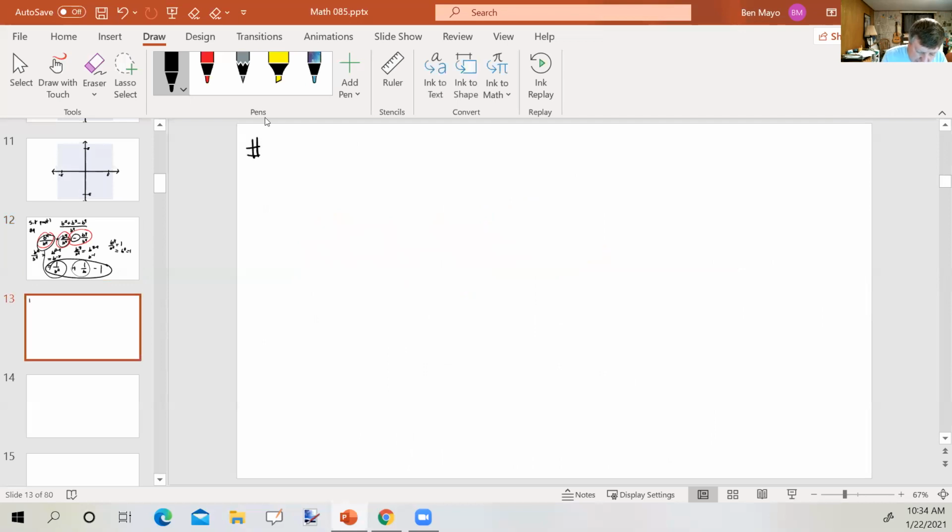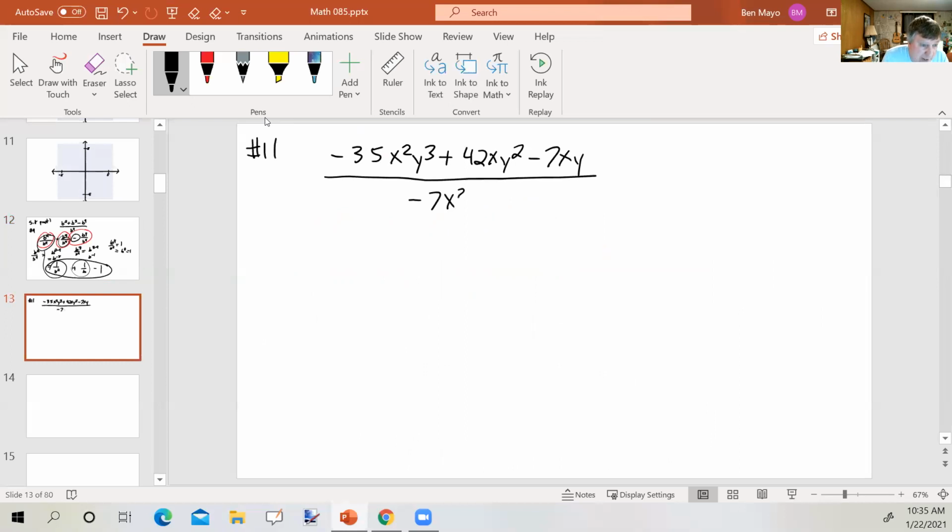This is number 11. It says divide the polynomial by the monomial. We have a similar situation. We've got -35 x squared y cubed plus 42 xy squared minus 7xy all over -7x squared y squared.